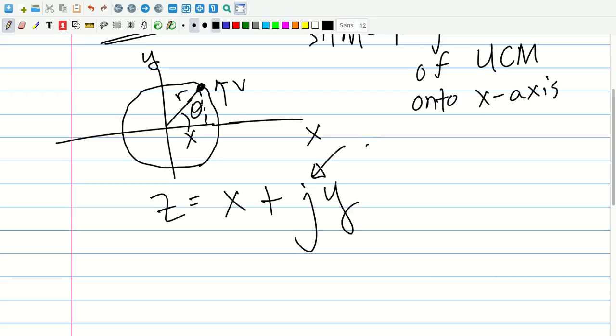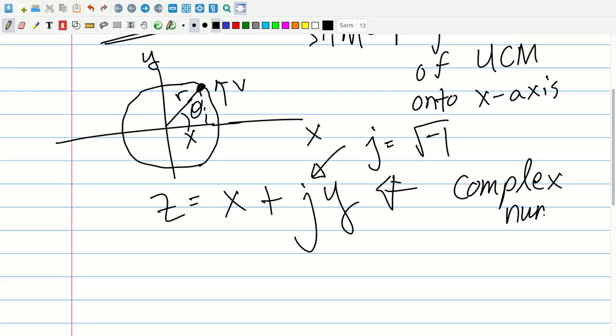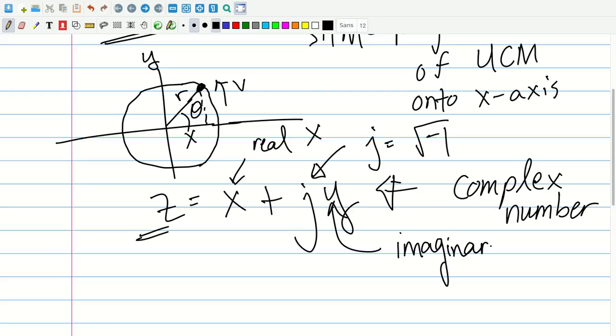J is basically the square root of -1, an imaginary number. So z is the complex number, and x is the real component and y is the imaginary component, but they're both real numbers.